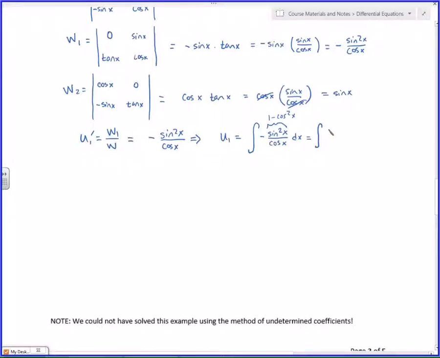If I distribute the minus, this becomes cosine squared of x minus 1 over cosine of x, which is, split it up, cosine squared over cosine, which is cosine, minus 1 over cosine, which is secant. So the integral of cosine is sine.